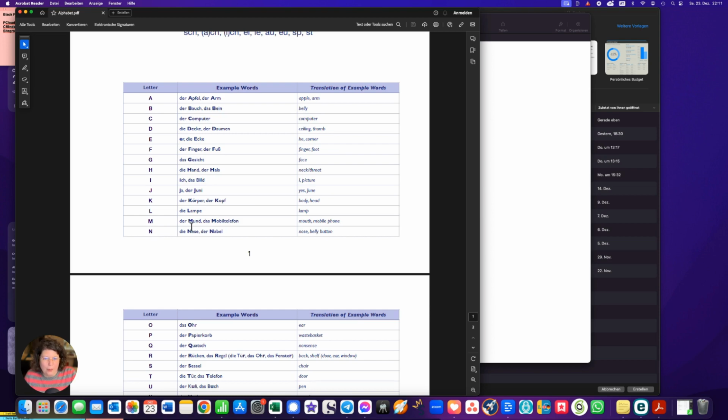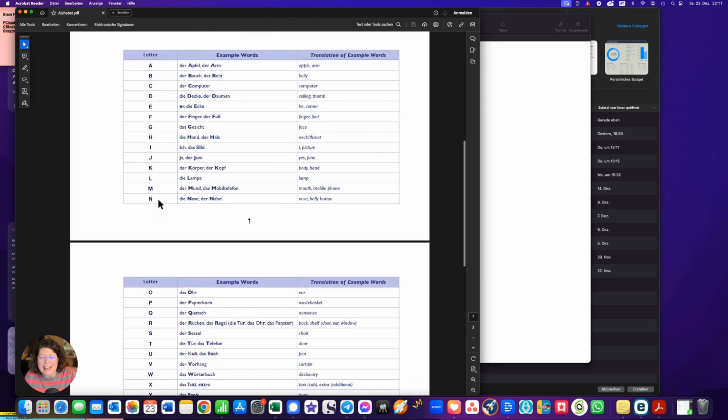By the way, for the mobile phone, we also say in German Handy. Like with this one, with ha. Which is funny because it sounds English and it comes from English, but it doesn't mean the same thing in English. So next letter, letter N, die Nase. Der Nabel.